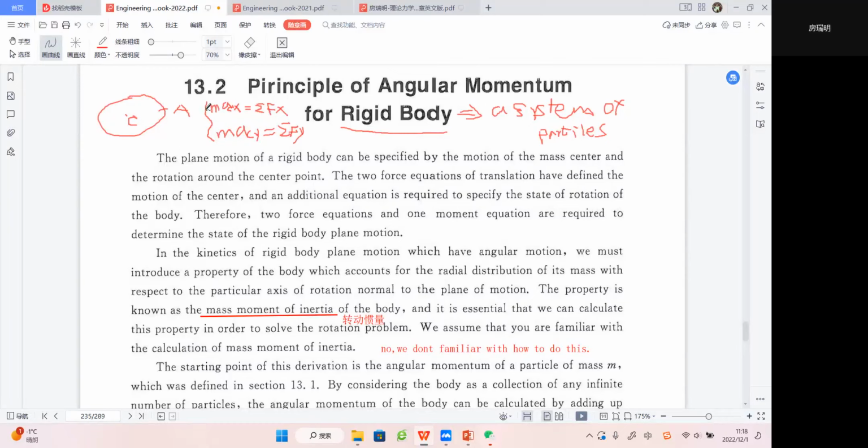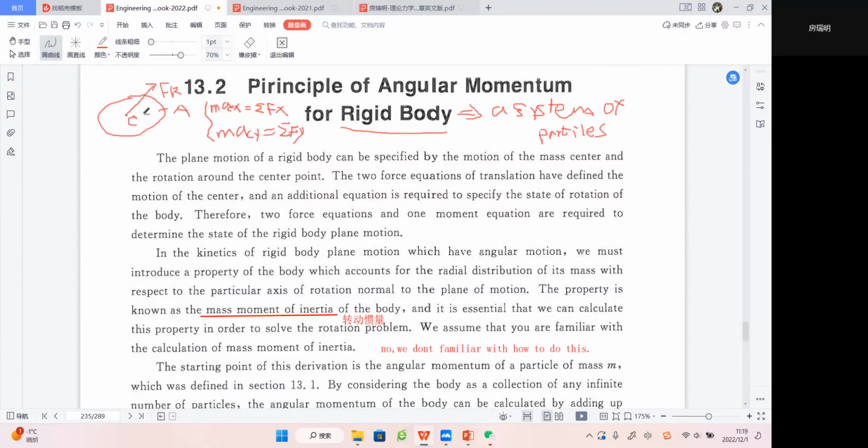So let me put it another way, to help you guys understand this. Let's say there are a lot of loads acting on the body A. If we select the point C as the point to simplify all the forces onto this point, we will have a principal force. We call that 主矢.